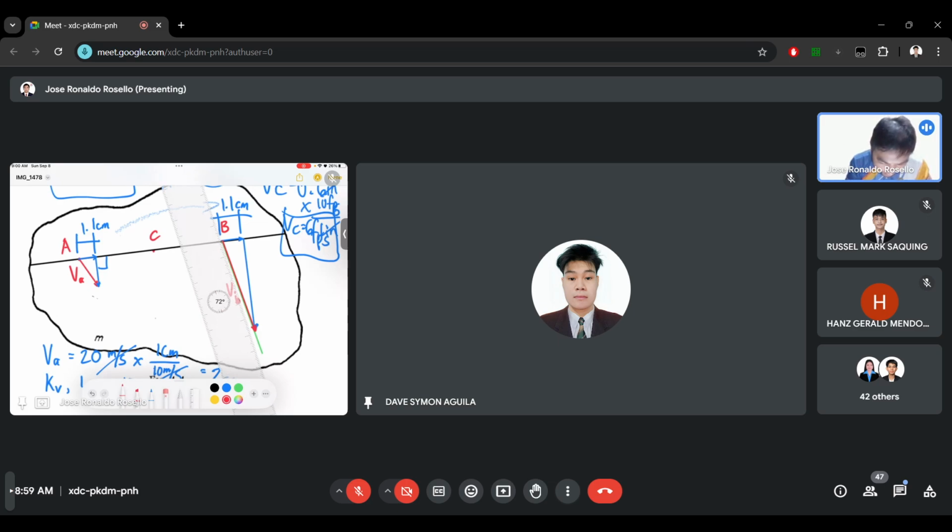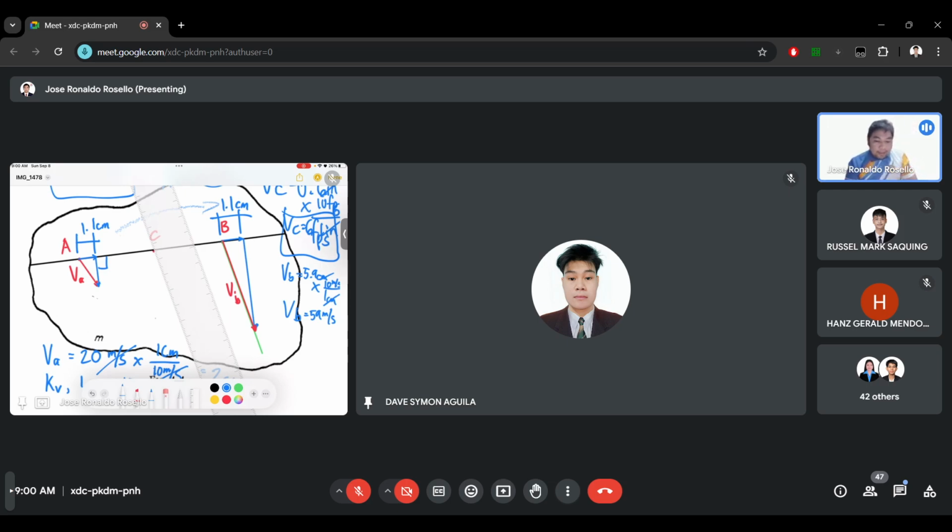We have 1, 2, 3, 4, 5.9. Let's say we have velocity b at 5.9 centimeters. Let's multiply it with the kV, which is 10 meters per second over 1 centimeter. Cancel unit centimeter. We now have velocity b at 59 meters per second.